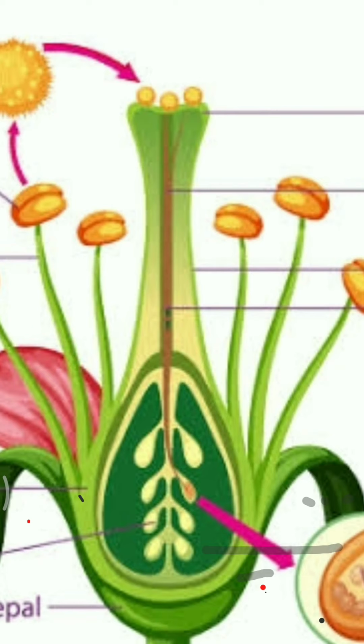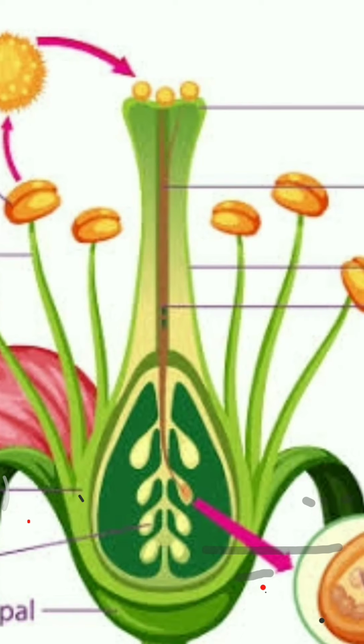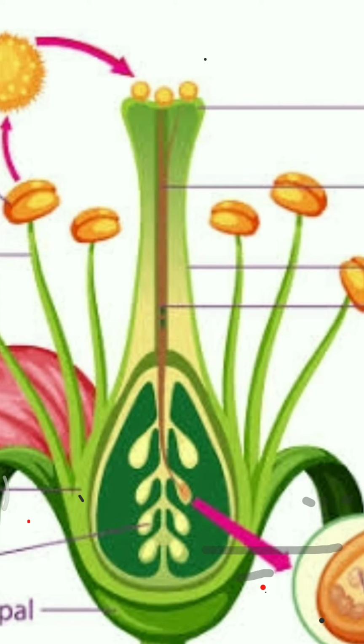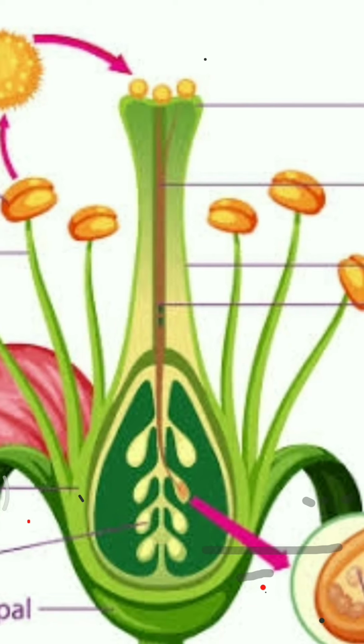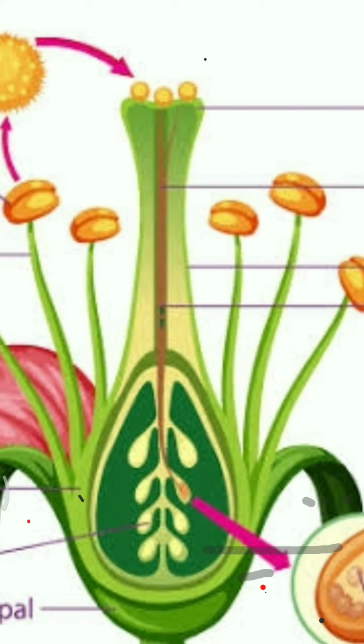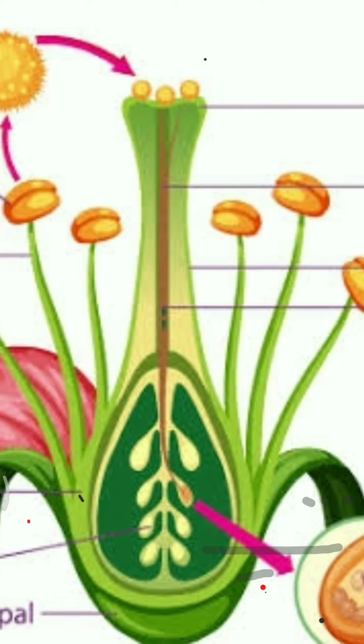Numerous pollen grains are there in one anther, and each pollen grain has two male nuclei inside it that play a very important role at the time of fertilization. That I'll tell you later. Let me finish the parts of the flower first, then I will come to the fertilization part also.